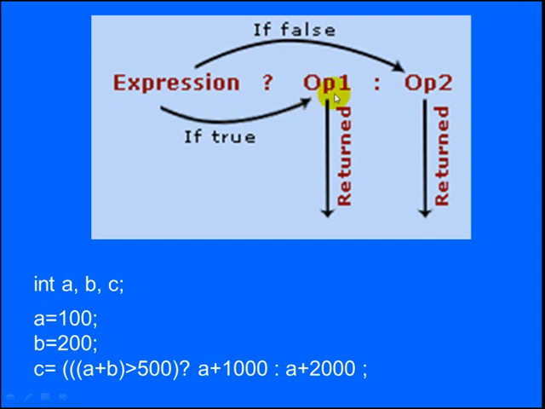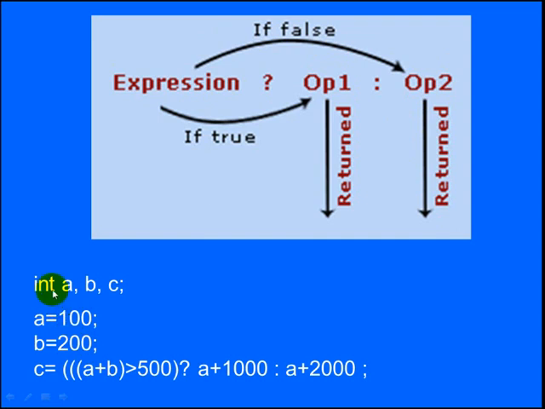Recall that an expression is a combination of operators and operands, which after evaluating gives us a single value. So the value of this expression is returned in case this conditional expression is true. If it is false, then the second expression's value is returned.